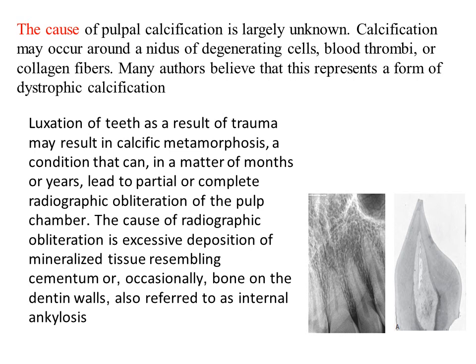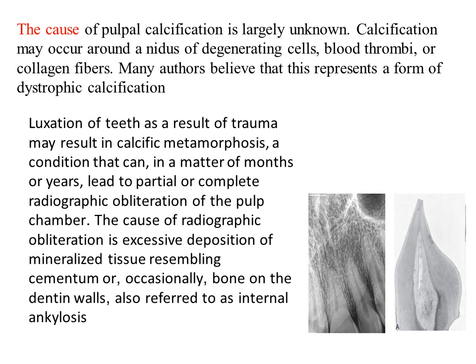Luxation of the teeth as a result of trauma may also cause calcific metamorphosis, a condition that can, in a matter of months or years, lead to partial or complete obliteration of the pulp due to deposition of mineral tissue, similar to the cementum, or occasionally bone, on the dentin wall.